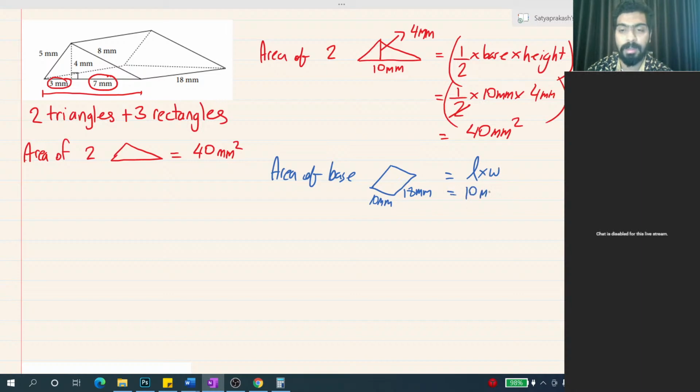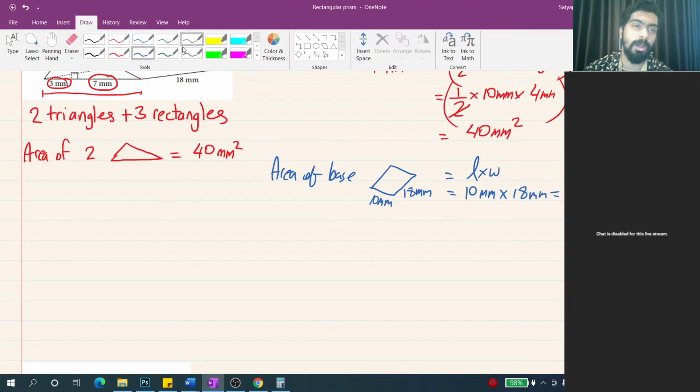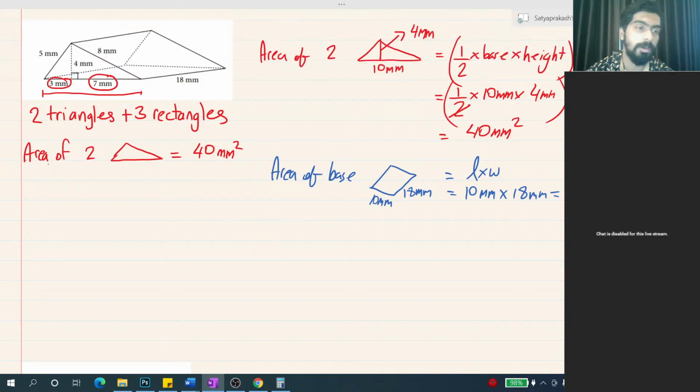So 10 mm times 18 mm is 180 millimeter square. Area of base rectangle is 180 millimeter square.